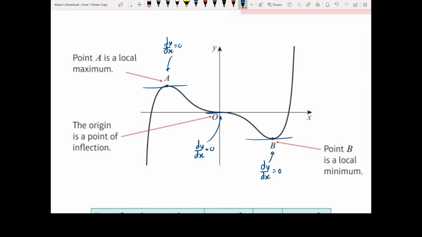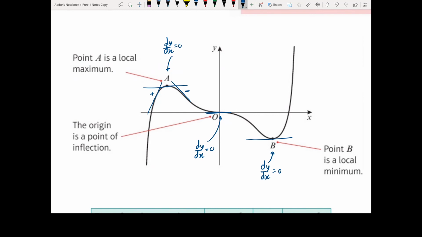Now, what happens just before the point A? If we were to draw a tangent just before it, we can see that this tangent has a positive gradient. And if we were to draw a tangent just after it, we can see that that tangent has a negative gradient.